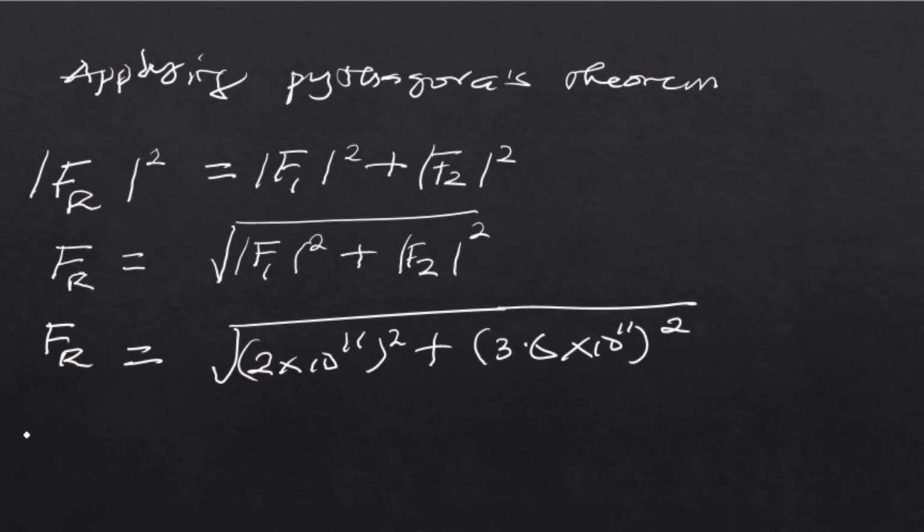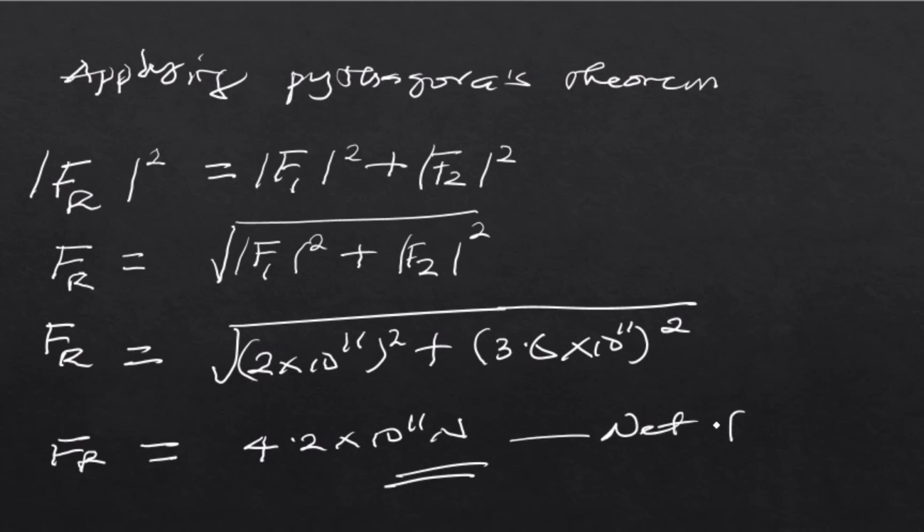So from here, if you solve this correctly, you are simply going to be having your resultant to be equal to 4.2 times 10 raised to the power of 11 Newton. So this becomes the net force or resultant force.